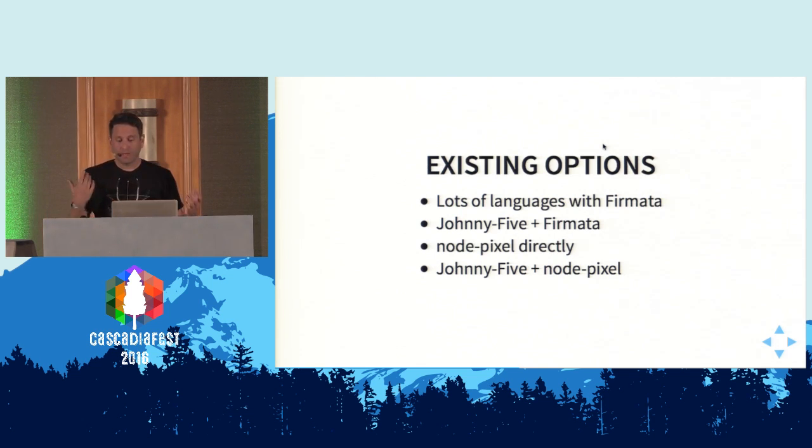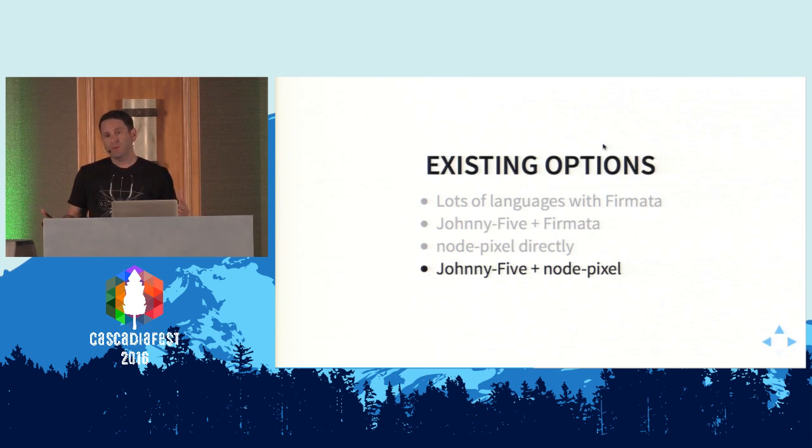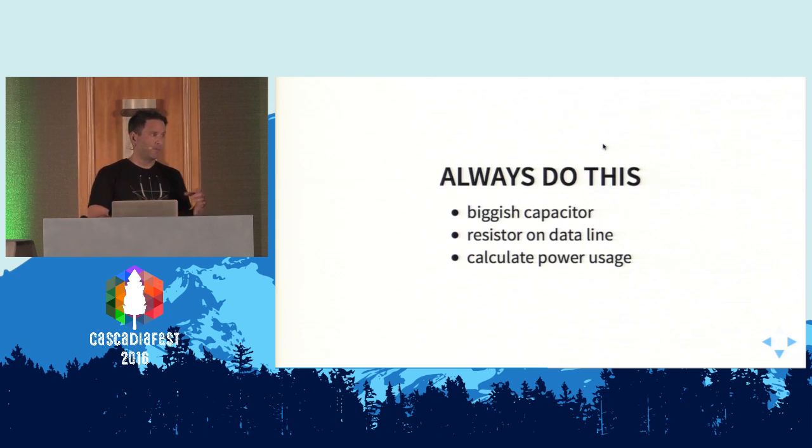Johnny 5 is actually based around Firmata for doing the actual control on the Arduino. NodePixel actually has its own firmware that you can upload to the Arduino that allows a little bit more direct control than Firmata. But where it really shines is when it's Johnny 5 plus NodePixel. We're using Firmata to actually communicate with the Arduino, and you get all of the power of Johnny 5, including the animation library and other things, when doing it this way. So that's what we're going to actually cover.